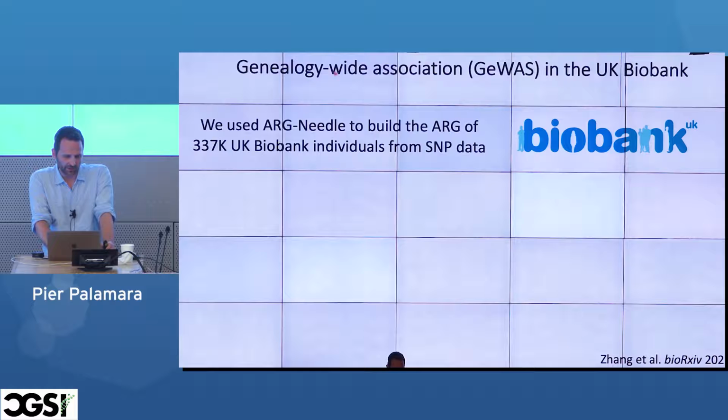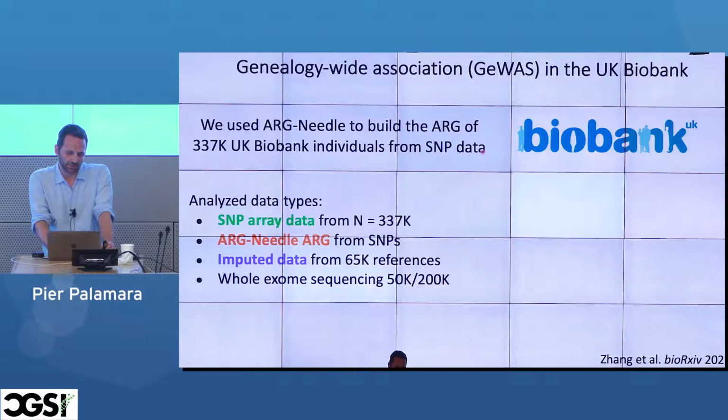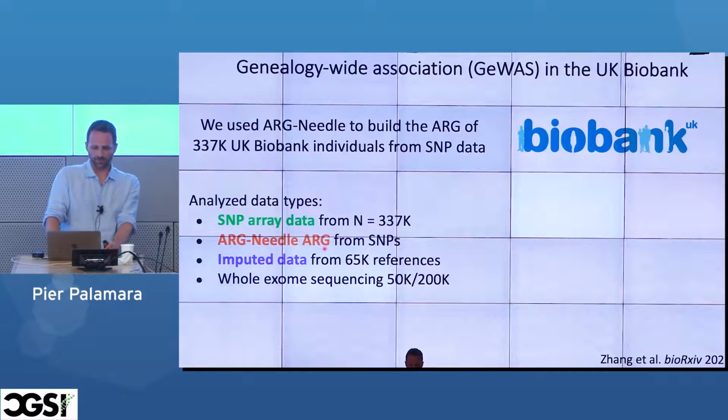We inferred the ARG for the UK Biobank, for these many samples, using only the SNP data, so we haven't used any sequencing data. But the UK Biobank is great because you have all sorts of other information to validate this analysis. We have the SNPs, which we used to get the ARG. We have the ARG that we have inferred. I'm going to use these colors in the next slides to show results from each of the methods.